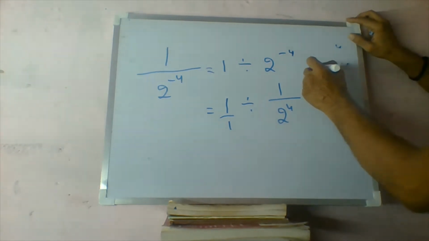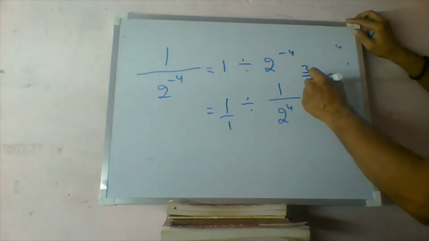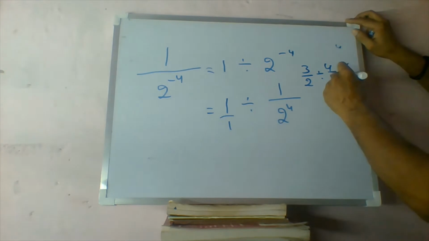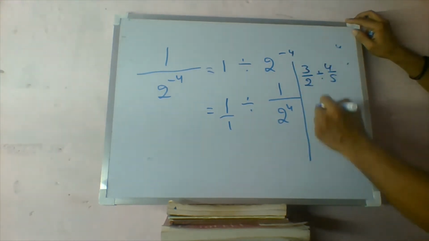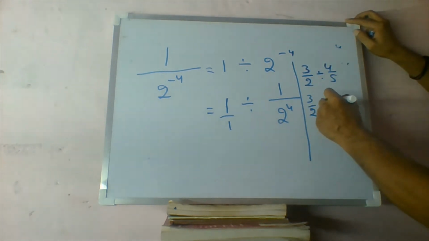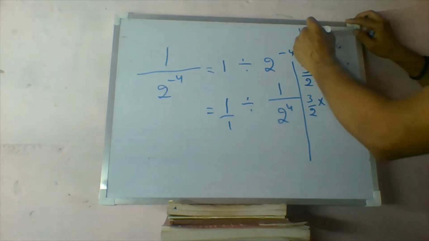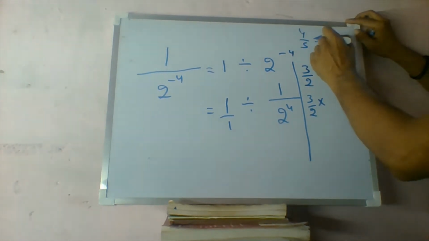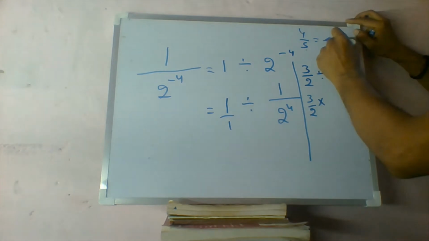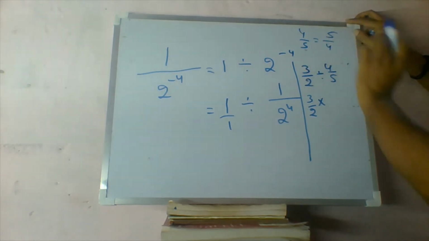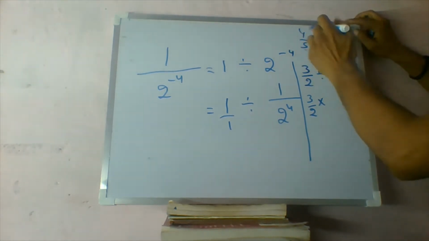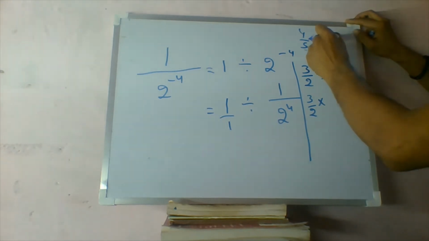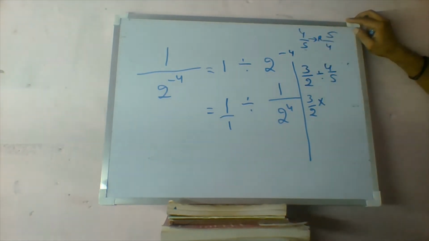Like if we have to divide 3 by 2 by 4 by 5, how will we do it? We will do 3 by 2 multiplied by reciprocal. Reciprocal means numerator becomes denominator and denominator becomes numerator. So reciprocal of 4 by 5 is 5 by 4.